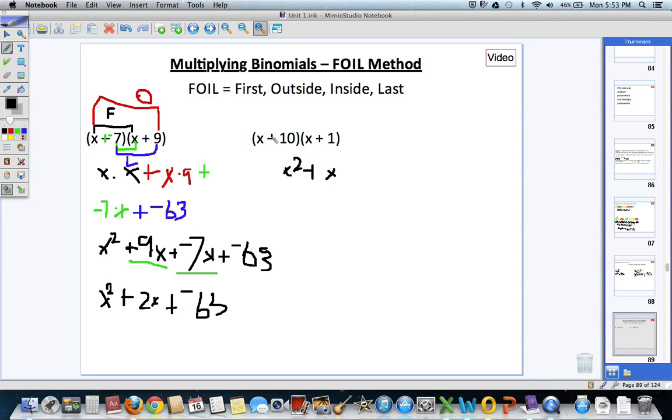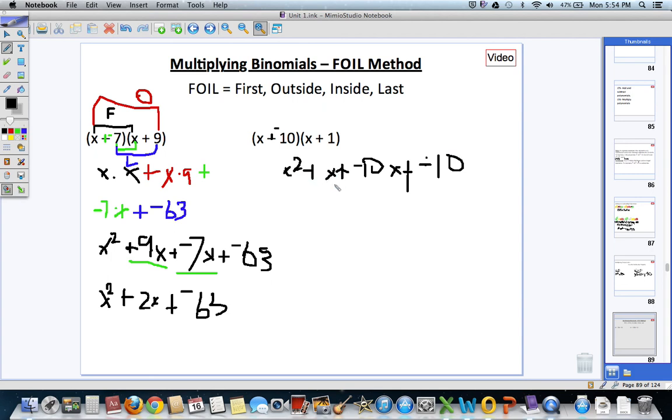Then I dink, and I get a negative 10, and now I'm just going to distribute this negative 10 to this term. So I have a negative 10 times x, so that's going to give me a negative 10x. And then I have a negative 10 times 1, which is just a negative 10.